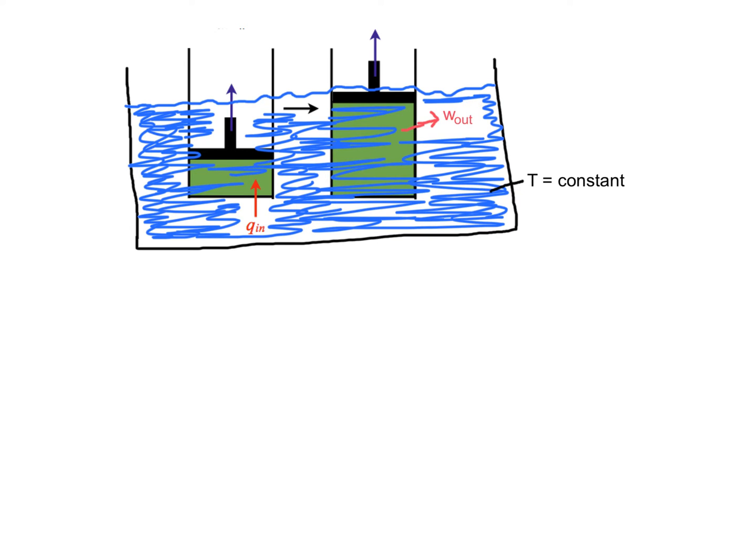The first law tells us that the total change in energy of the system is equal to the amount of heat input from the reservoir plus the amount of energy lost as work to the surroundings.